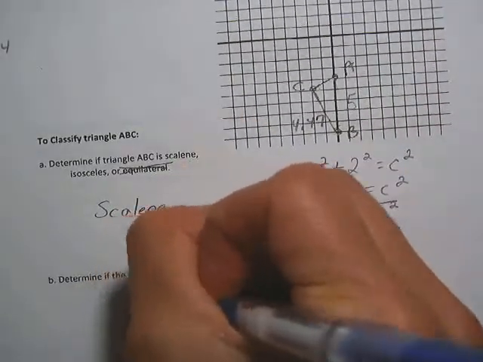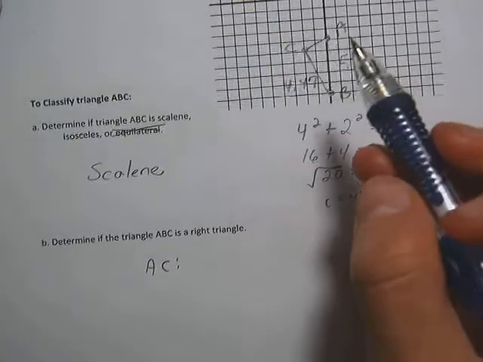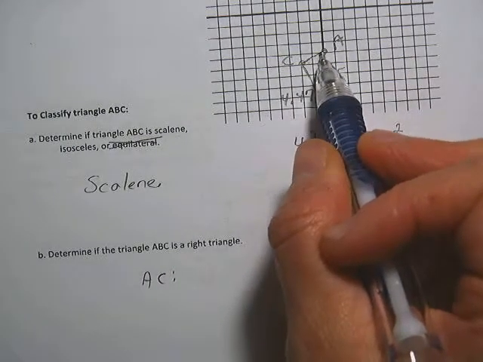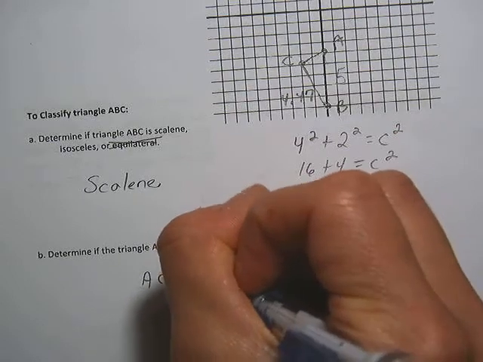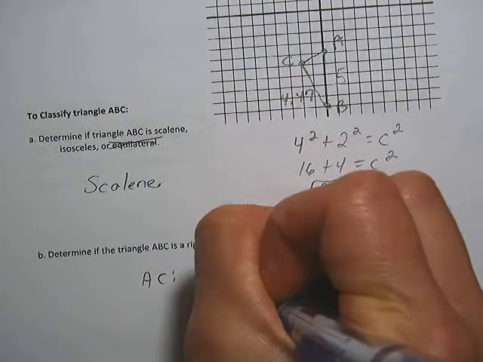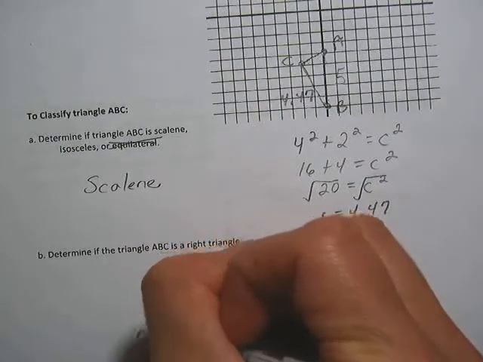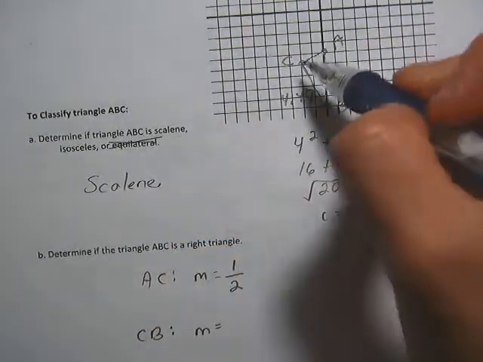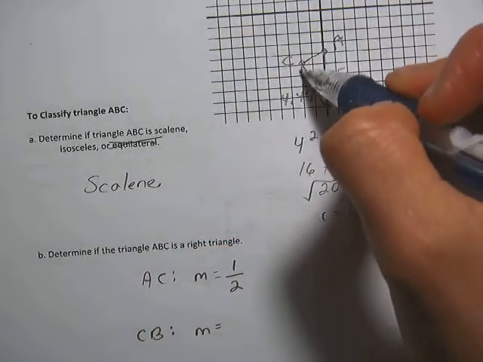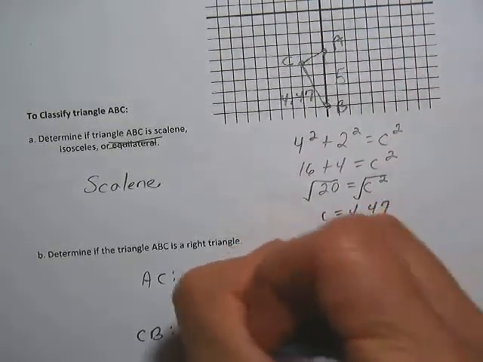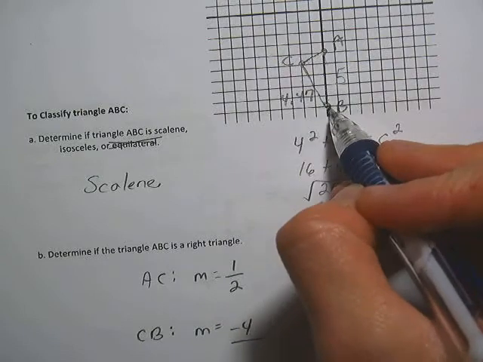So AC, I'm going to do the rise over run. So if I go from C to A, I have to go up 1 and right 2. So the slope would be 1 over 2. For CB, well, I have to go down 1, 2, 3, 4. So that'd be -4 over, and then I have to go right 2.